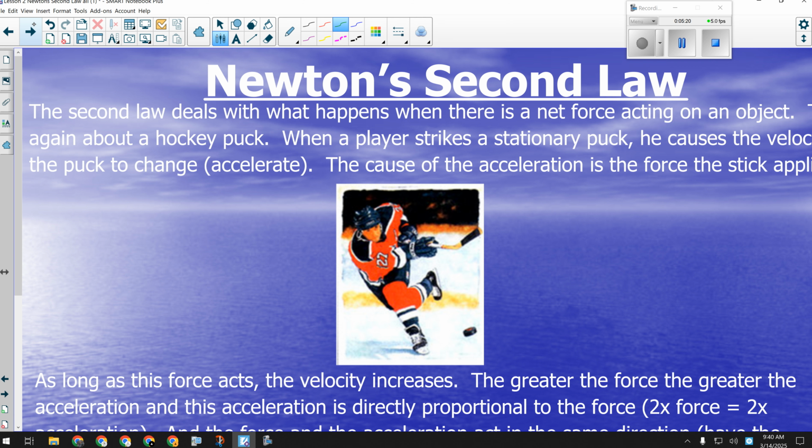So the thing we need to really understand is that a lot of times the situation we're dealing with is only for a moment in time, and then after that, everything is balanced. The acceleration may only happen for a very short period of time, like a hockey shot. The puck's not on the stick for very long. Of course, as we said yesterday, the longer it's on the stick, the faster the shot.